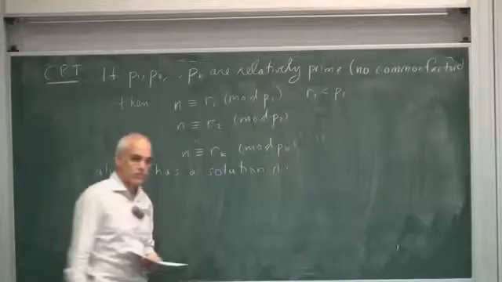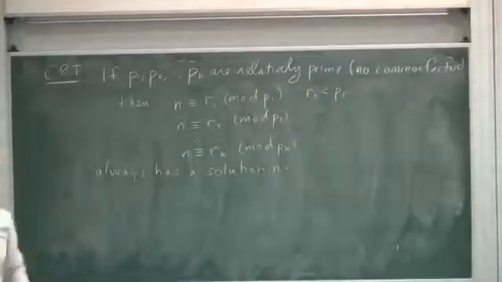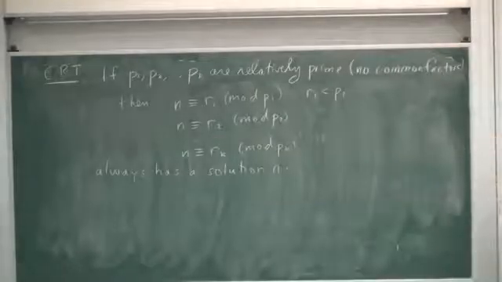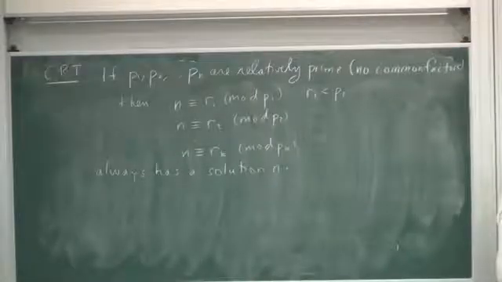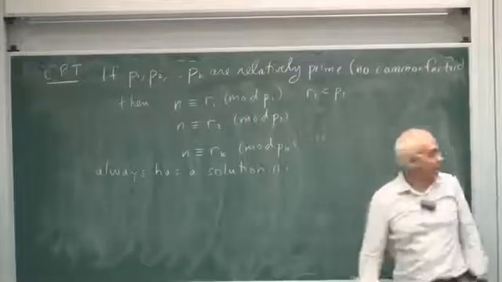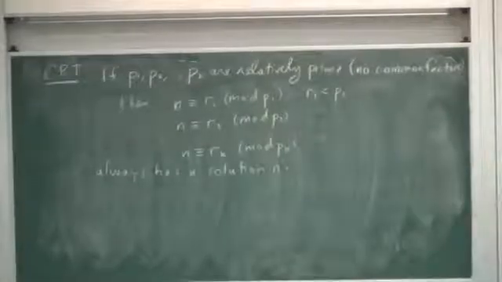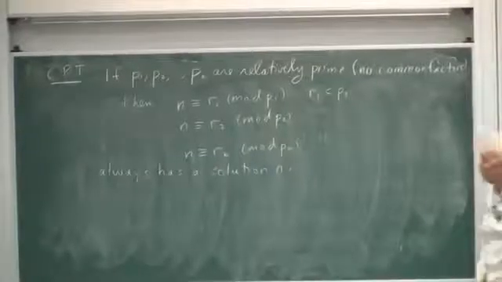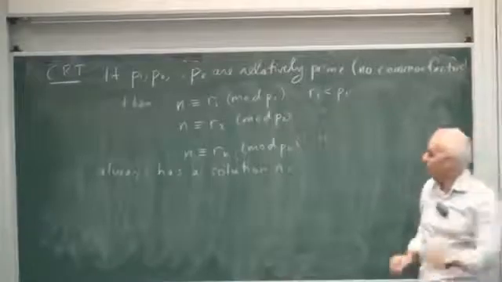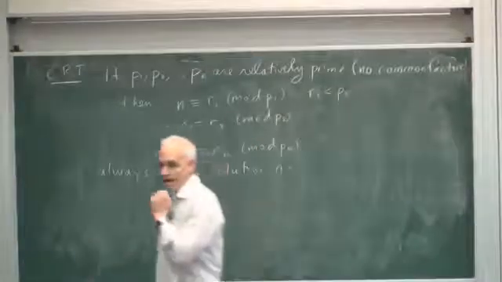So we can solve not just this particular case, this is a very special case. We have 3 linear congruence equations. In fact, we can have as many as we like. And as long as these numbers here are relatively prime, they don't have any common factors, then we can do something like this to find a solution n.